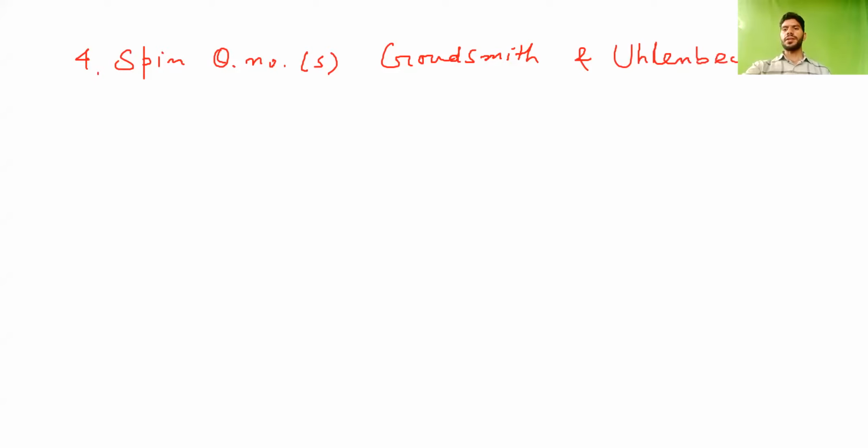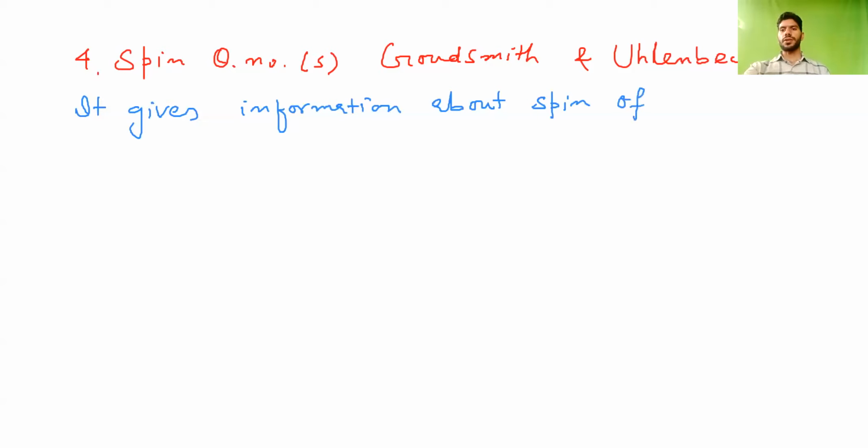So this quantum number actually gives the information about the spin of an electron. I will write it here, that it gives information about the spin of an electron.